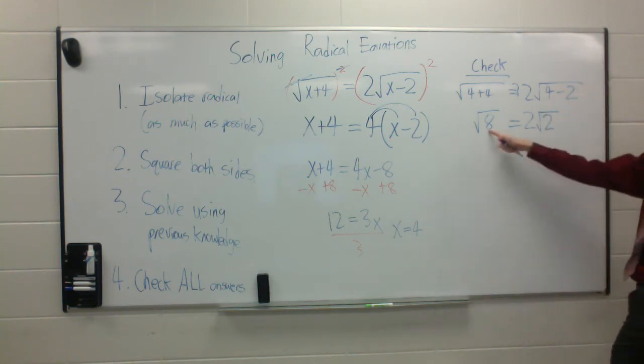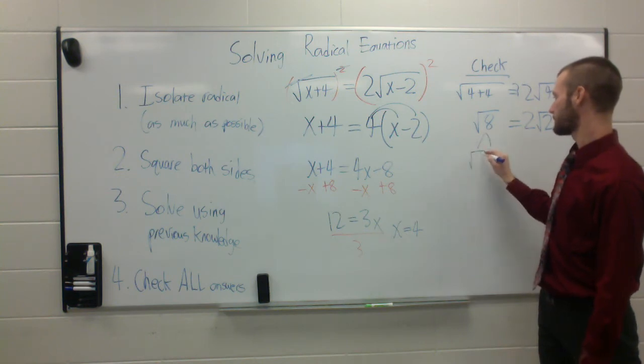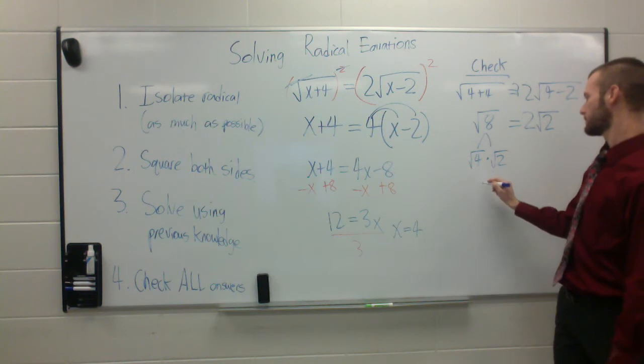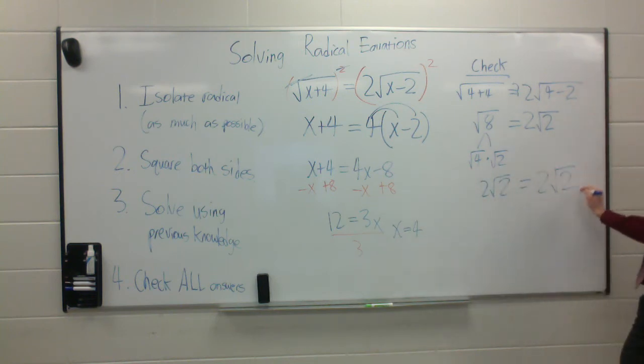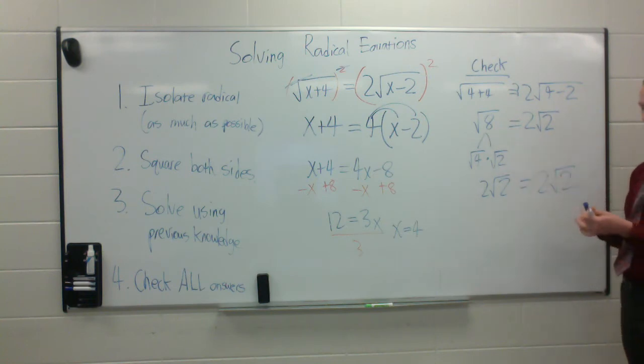And remember, the square root of 8 simplifies into square root of 4 times the square root of 2, which is 2 root 2. So they are the same. 2 root 2 equals 2 root 2, or square root of 8 equals 2 root 2. Yet another reason why it's important to know how to simplify radicals when they're in this form, so that you can check your answer and not just assume that these are not equal because they don't look the same.